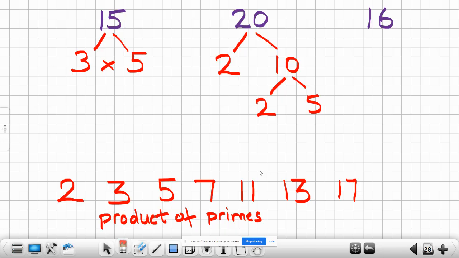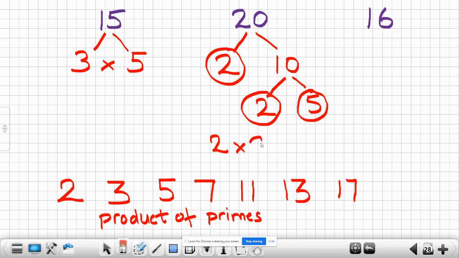And now we have got all prime numbers. So if I circle that, and that, they are the product of primes for 20. And let's just check. 2 times 2 gives us 4. 4 times 5 gives us 20. So that is 20 as a product of its primes.